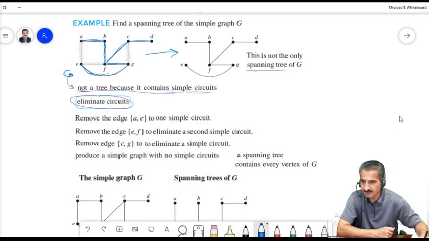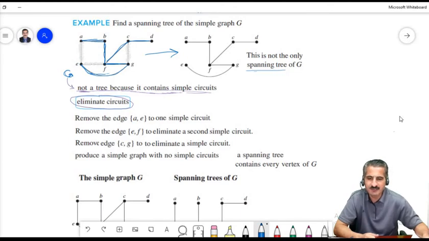So here we go. This is a tree. Do you believe this is a tree? We can make it look like a tree if you wish. If we take this to be F, then there is an edge that goes from F to G, another edge goes to C, and another edge goes to B, and there's an edge coming out of B going to A, an edge coming out of C going to D, and an edge coming out of G going to E. So it is a tree, right?